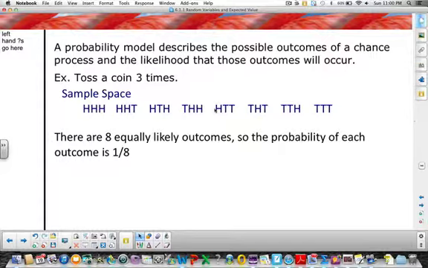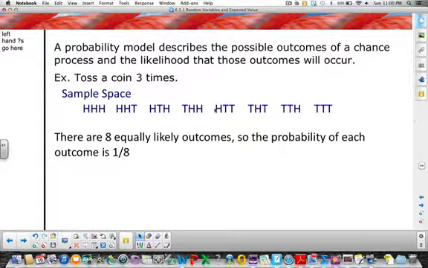So what if we want to do some calculations with this probability model or this probability distribution? For example, what's the probability that we get at least 1 head in the 3 tosses of the coin? Basically what we're asking here is the probability that x takes on a value greater than or equal to 1. What's the probability that x is greater than or equal to 1?